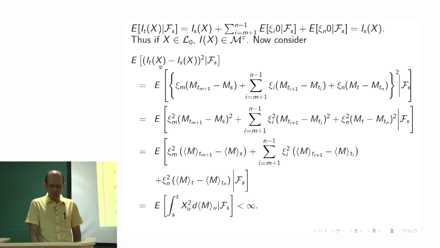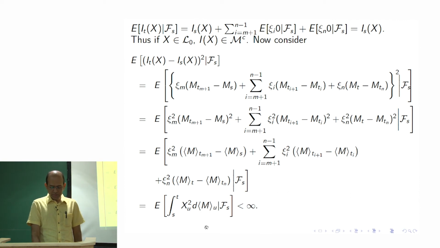So let me repeat what it is. It is the expectation of the square of the increment of the integral, and it is the expectation of the integral of the square of the integrand with respect to the quadratic variation. Here you had the integration of this martingale, here it is with respect to the quadratic variation.